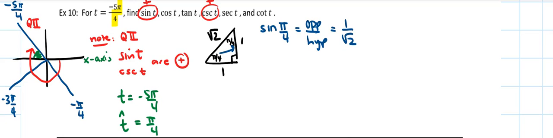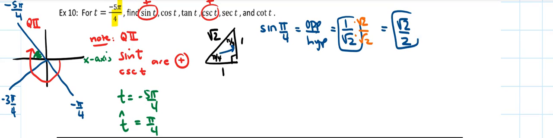If you prefer to rationalize, that is fine, depending on the directions again. Always pay attention to those. I can multiply both numerator and denominator by square root of 2 over square root of 2, and I will get another alternative version, square root of 2 over 2. So either one would be correct, but it depends on what they're asking for.